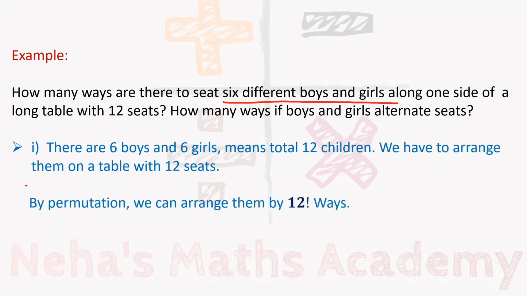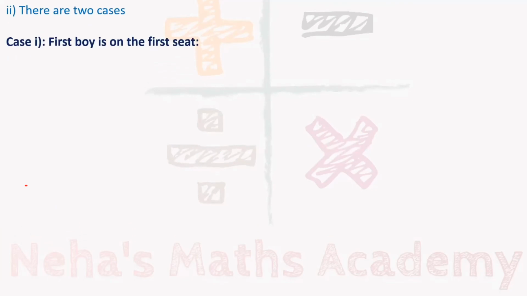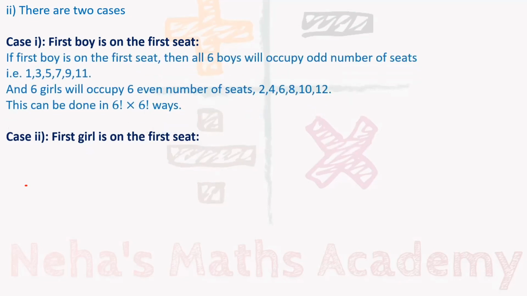But for the second, how many ways if boys and girls alternate seats? There will be two cases. Means on the first case, on the first place there is a boy, and case two is first girl is on the first seat. So if first boy is on the first seat, then all 6 boys will occupy odd number of seats.